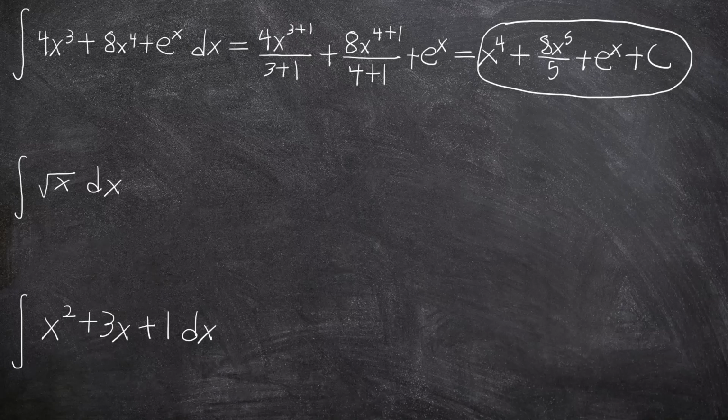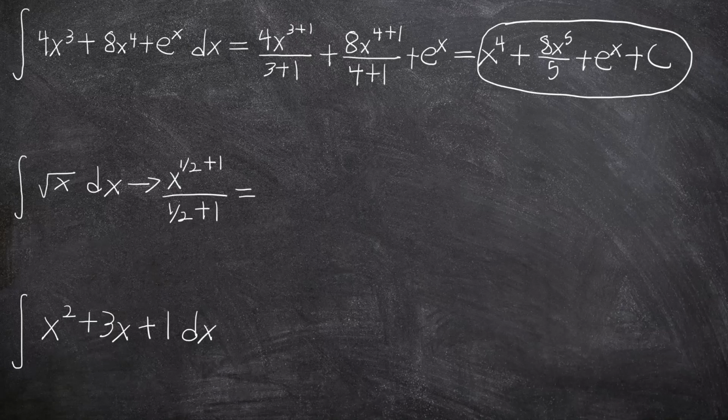Anyways, going into the second one, we could write square root of x as x to the 1/2. And we need to apply integral power rule to this by writing out x to the 1/2 plus 1 over 1/2 plus 1.